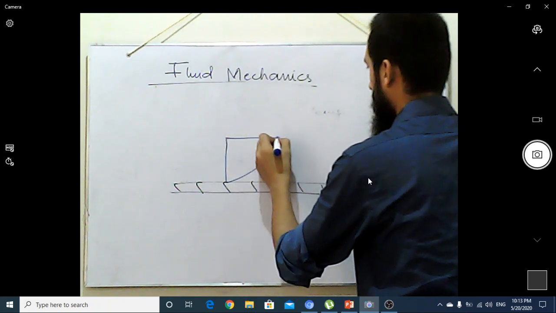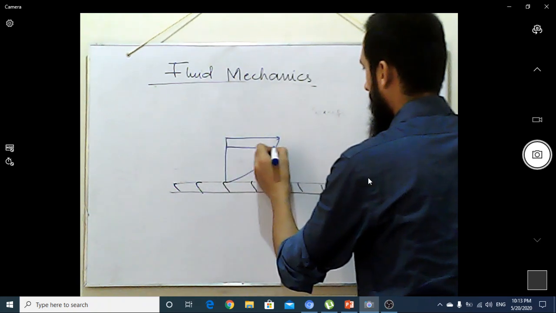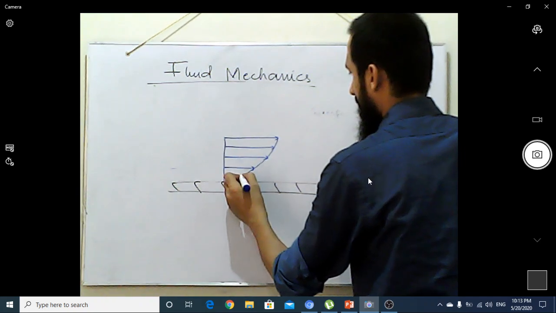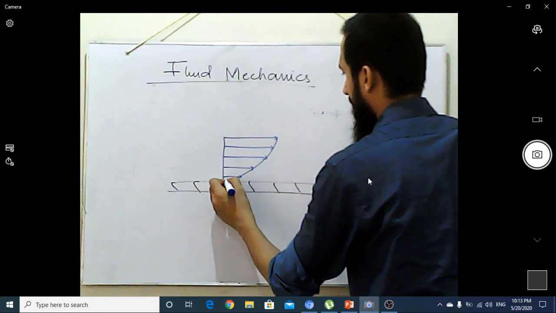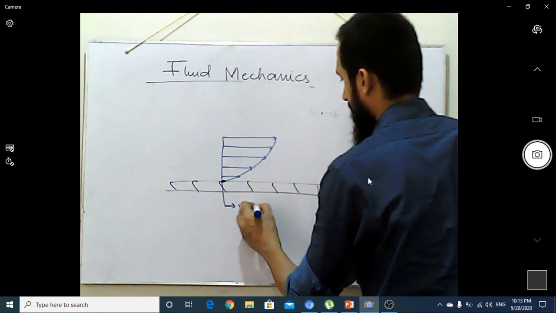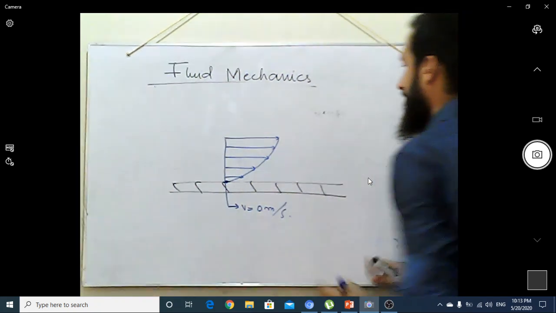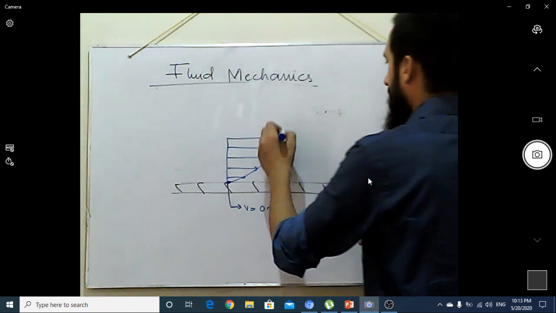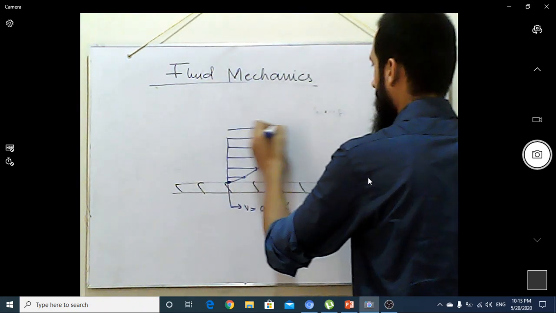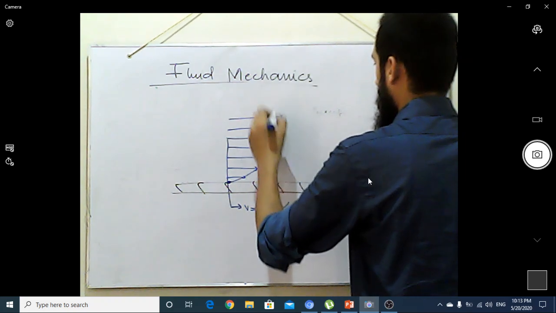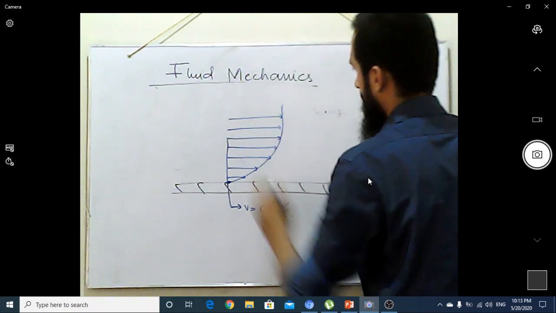The topmost layer of the liquid has the highest velocity, and this is the boundary layer, which has velocity equal to 0 meter per second. Okay, if we see beyond this layer, the flow pattern is like this.